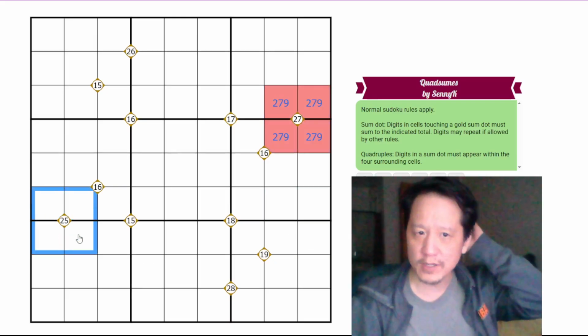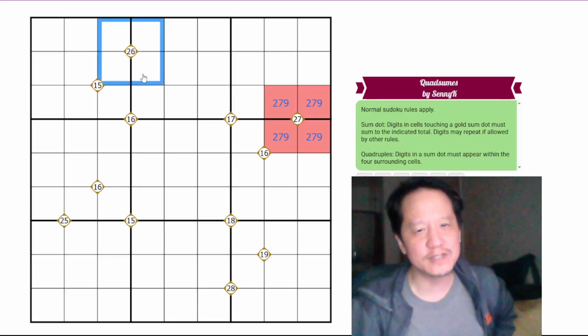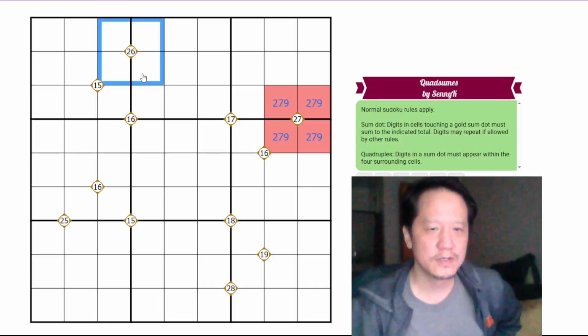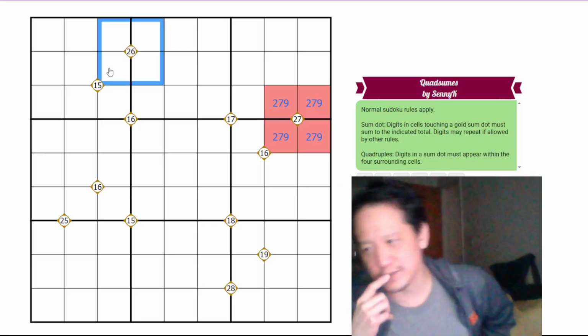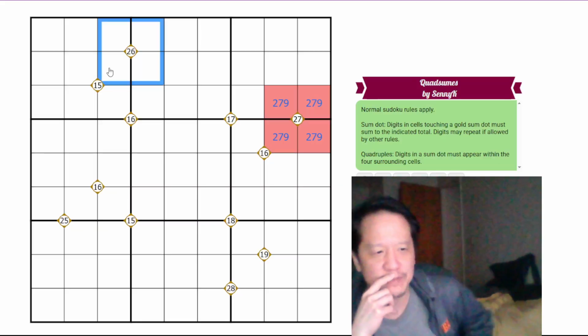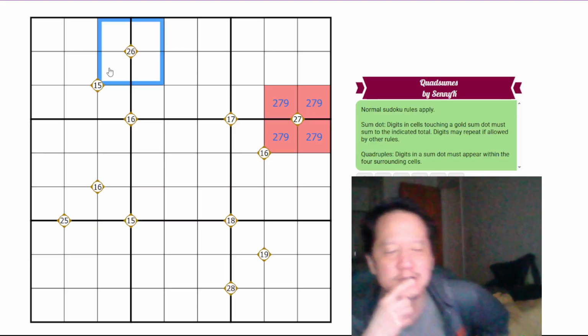I think we have something here. I've done this puzzle type one time before, because I've seen something like this.